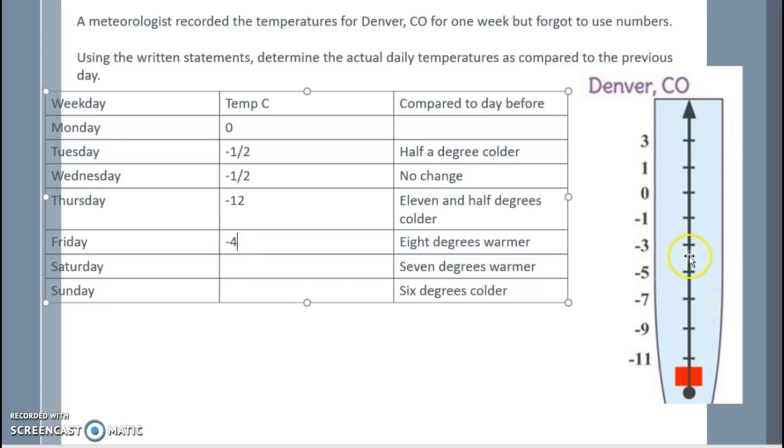So -4, 1, 2, 3, 4, 5, 6, 7. So +3 degrees. Got to be careful how they've got it outlined there. And then if we're at 3 and it's 6 degrees colder, 1, 2, 3, 4, 5, 6, -3.